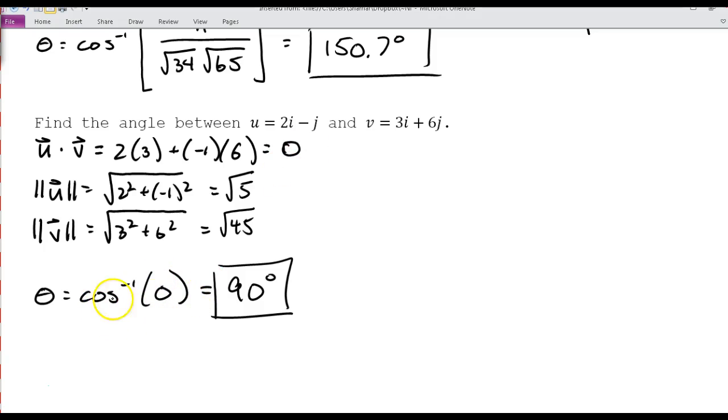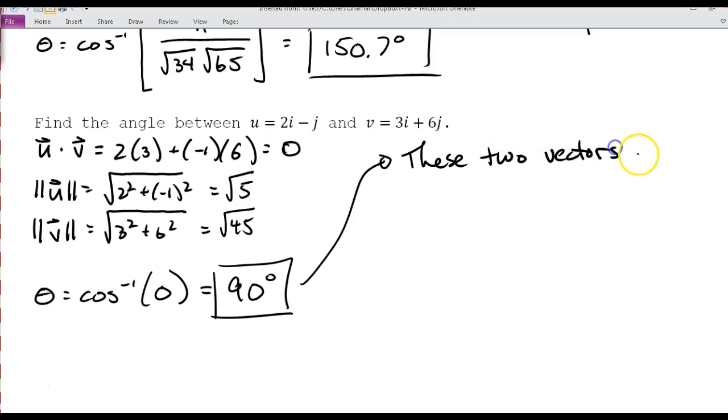And we know that the cosine inverse of 0, meaning what angle between 0 and pi has a cosine of 0, well, that's up at the top at pi over 2 or 90. So what this means is these two vectors are perpendicular.